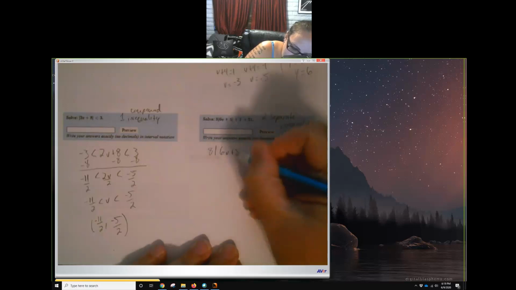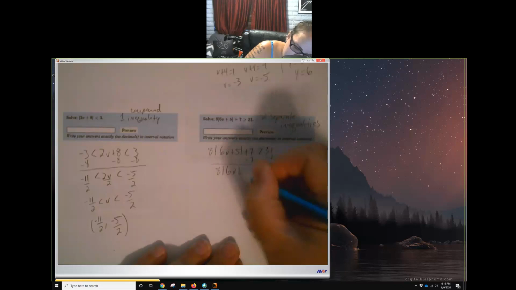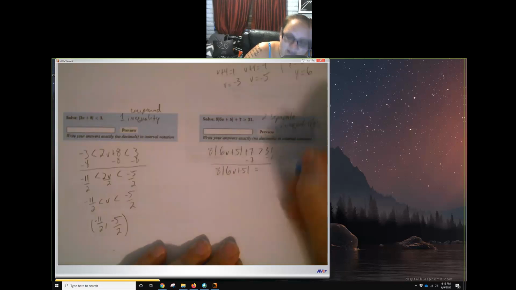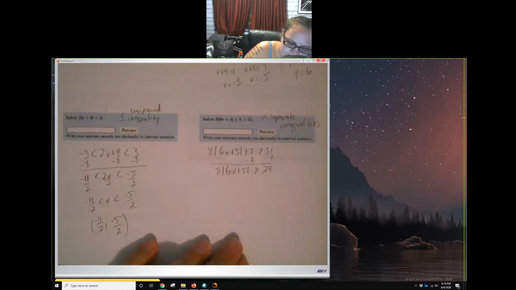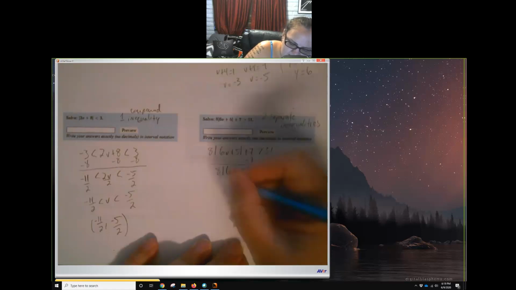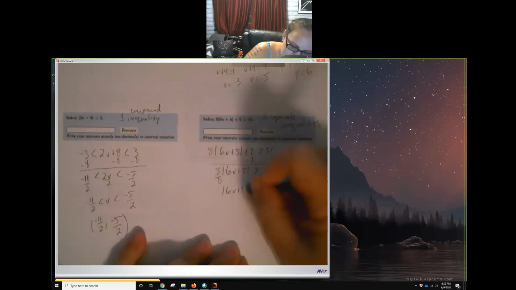They're fond of the v's on this one, huh? I'm going to subtract the 7. 31 minus 7 would be 24. Oops, I made that an equals. And then divide by the 8.